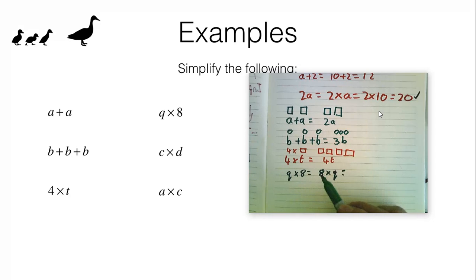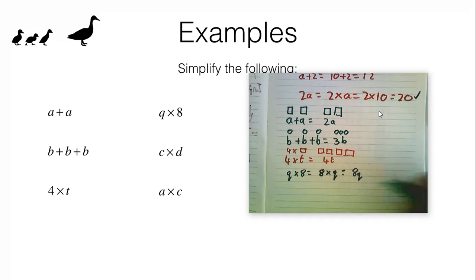Q times 8 is the same as 8 times Q. You can do that in maths when you multiply numbers together. One number times another, like A times B is the same as B times A. 5 times 3 is the same as 3 times 5. Q times 8 is the same as 8 times Q. So this would be 8Q.